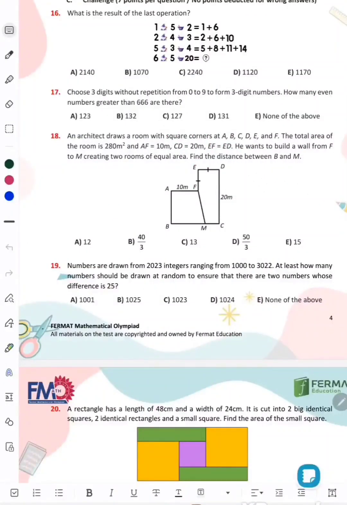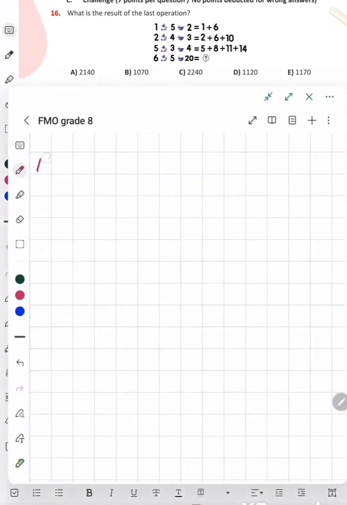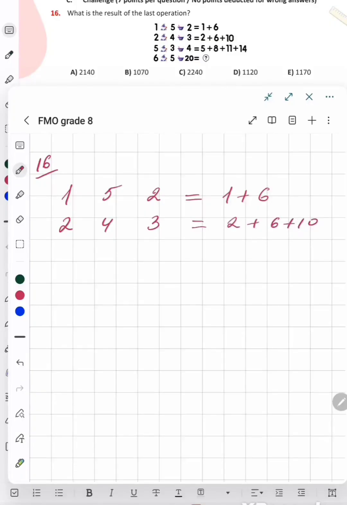Question number 16. What is the result of the last operation? Okay, when we put 1, 5 and 2 together with the right operations, it works out to 1 plus 6. Then 2, 4 and 3 works out to 2 plus 6 plus 10.